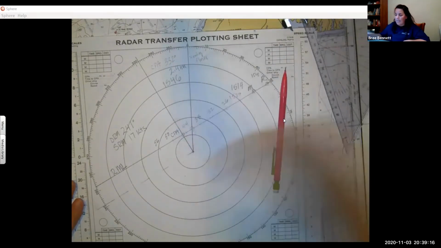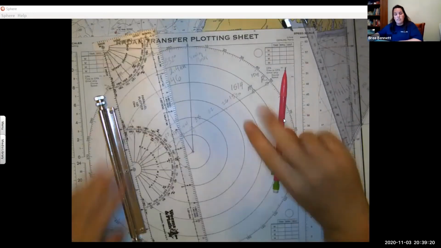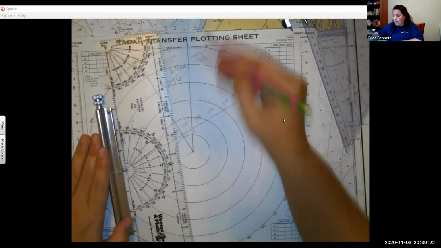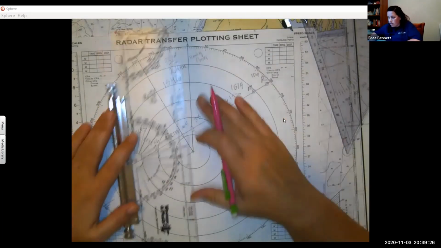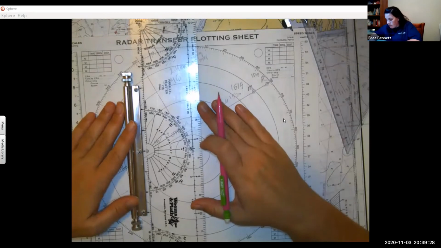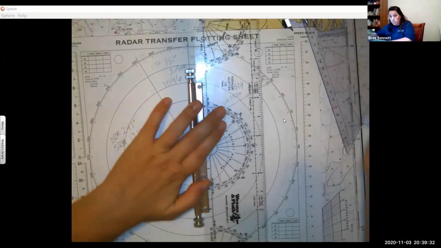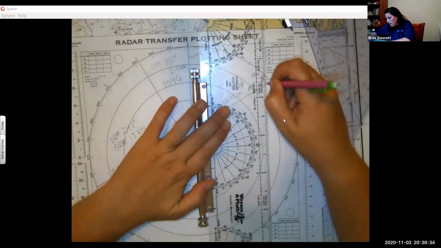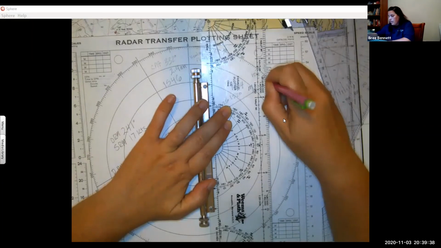So we want to plot E. How do we plot E? Our first step is to parallel our heading. So our heading in this case is 0, 0, 0. So we can move it over to R. So we start at the R and parallel our heading line.